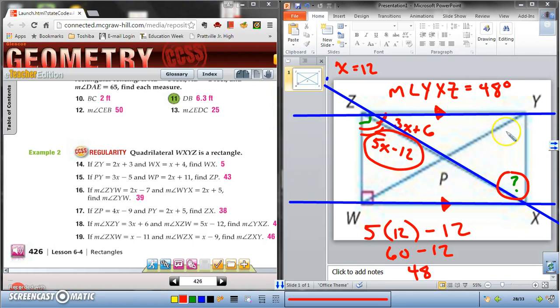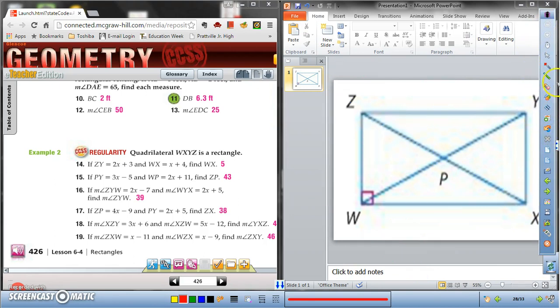All right, number 19. Okay, this time we're given that the measure of angle ZXW is right here, and it is x minus 11.